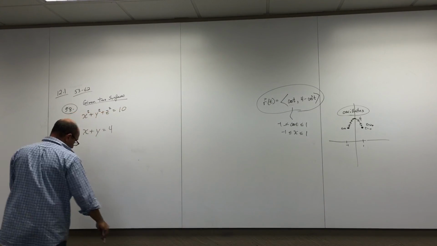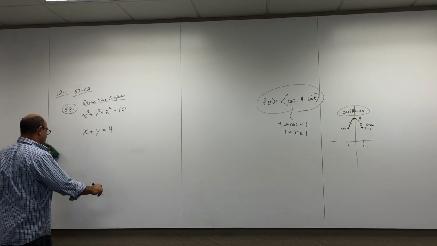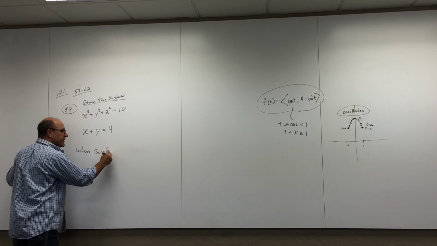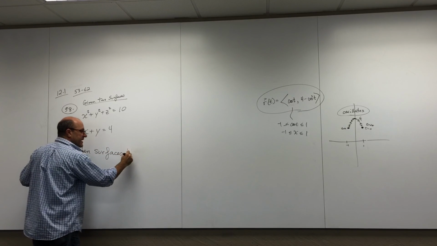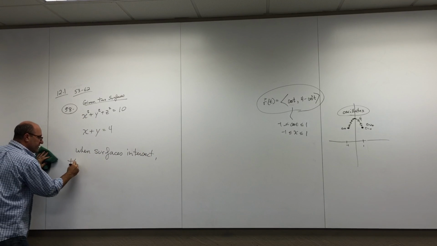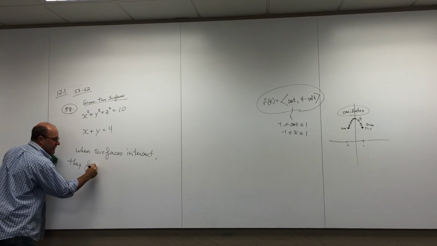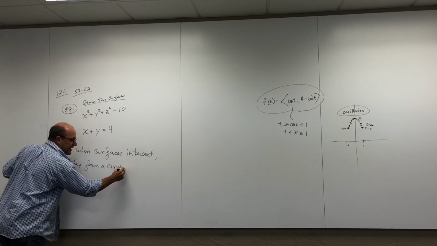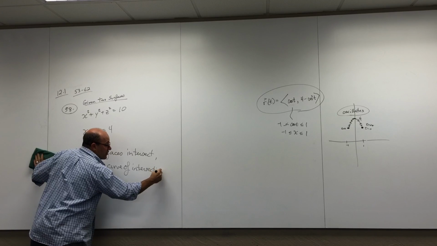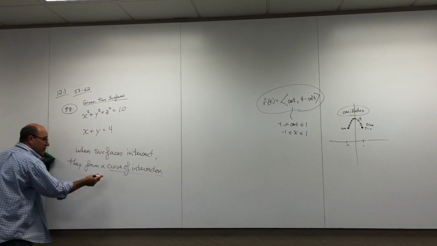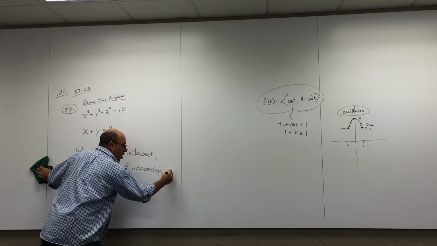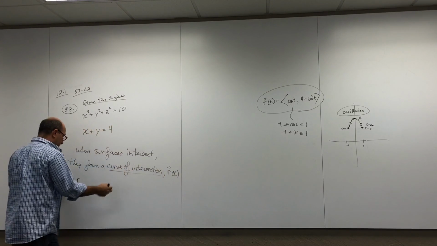Now, maybe I should write this. When 2 surfaces intersect, they form a curve of intersection. And how do we represent curves in space? We represent curves with an R of t, a vector valued function.